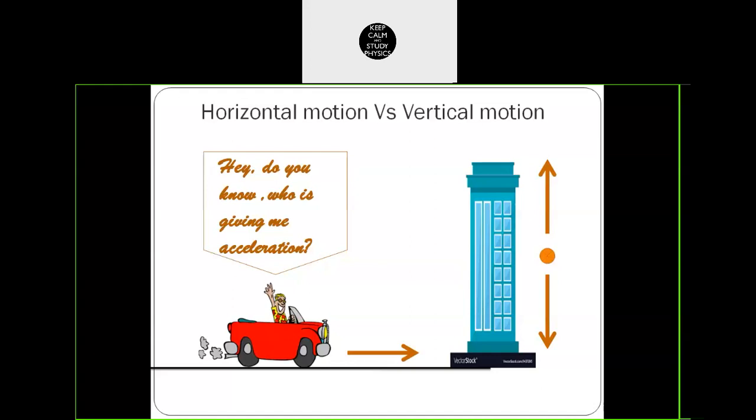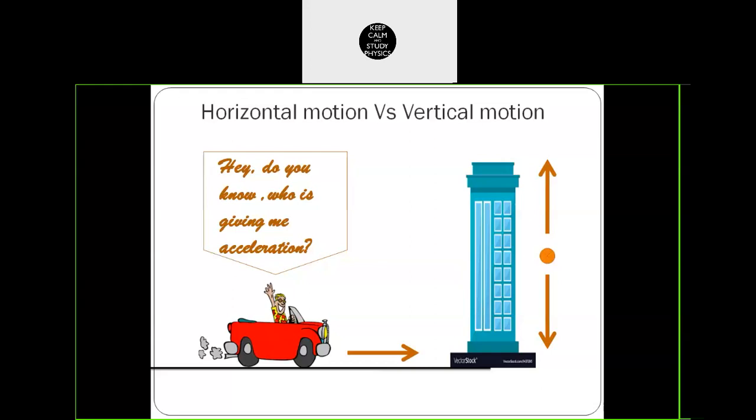Yes, the acceleration produced in the body is because of Earth's gravitational force. You may think, sir, I threw the ball, I gave the force. You may say like that, but the moment the ball leaves your hand, it is no longer in your control, right? You can no longer apply force. Only gravity can apply force, right?